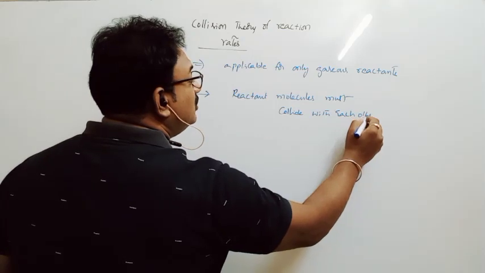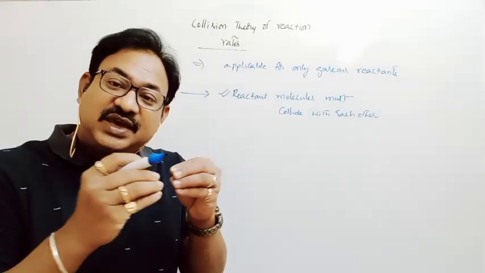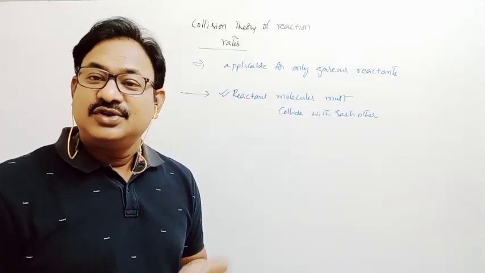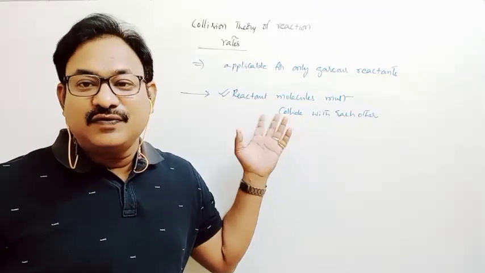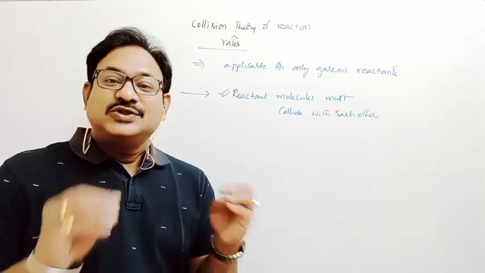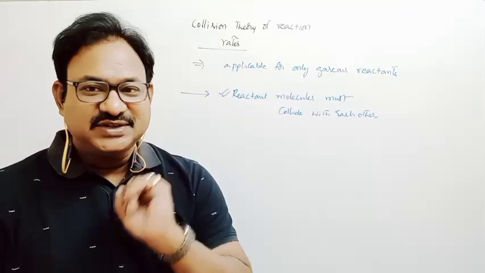Okay. So, just by making collisions product formation हो जाएगा क्या? No. सिर्फ collisions होने से तो product तो form नहीं होगा, उसके अलावा कुछ aspects भी लेना पड़ेगा. So reactant molecules must collide with each other. So this is the first point.